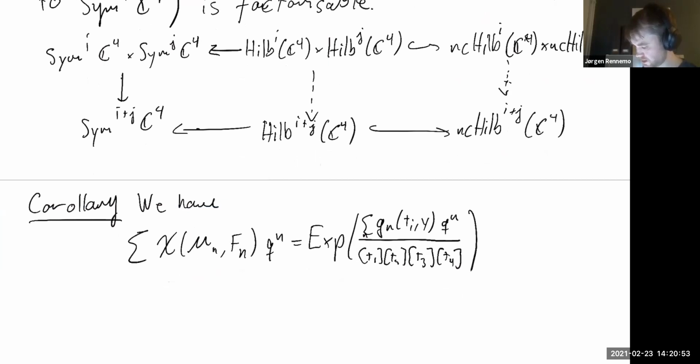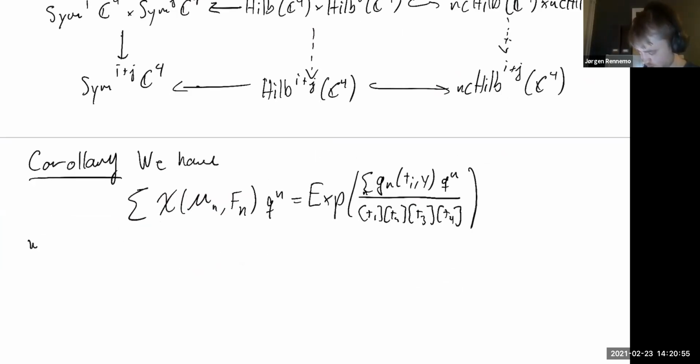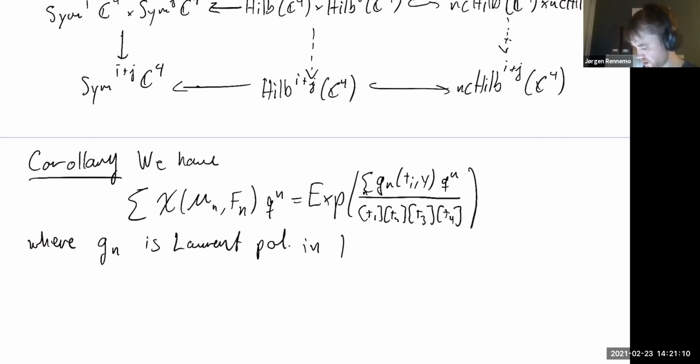So it has this form where, crucially, and this is where you get a huge constraint, this thing Gn is a Laurent polynomial in the TI, and perhaps we probably want to take some square roots here, but that's secondary.